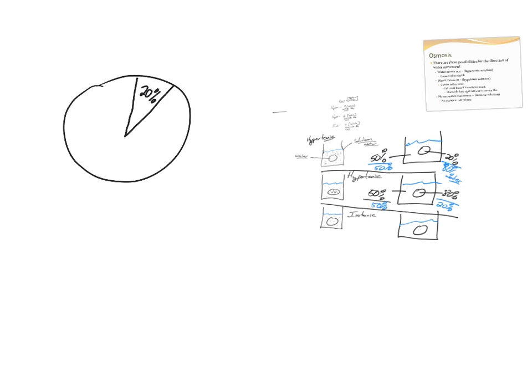If this is solute, and this is water, because in biological systems the solvent is water. So if this is 20%, how much water do you have? 80% water.